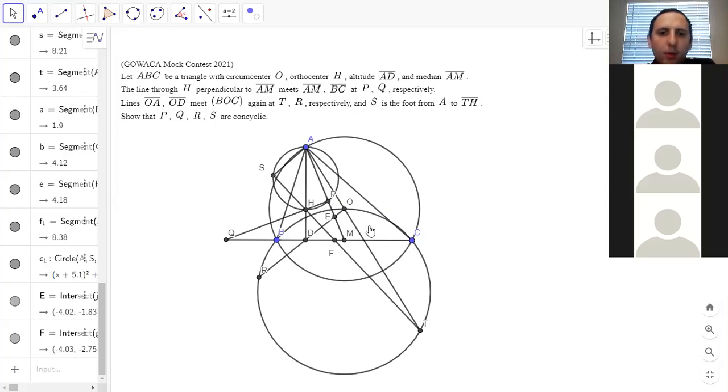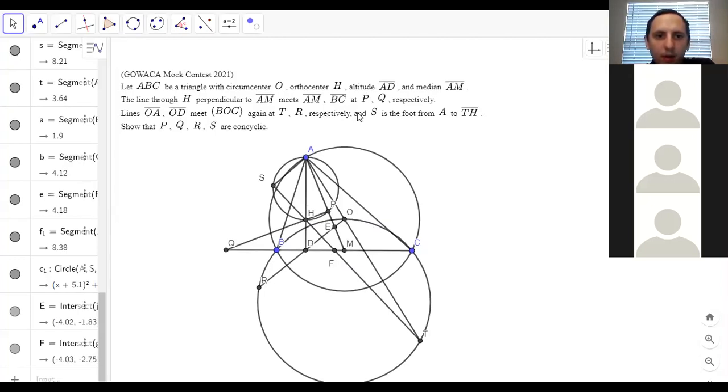What is the Dumpty point? I know H and O are isogonal conjugates. BOC, oh, that's right. Yeah, BOC and BHC get swapped under a root BC inversion and then a reflection. So yeah, maybe that makes it easier. If you guys can figure it out, let me know.